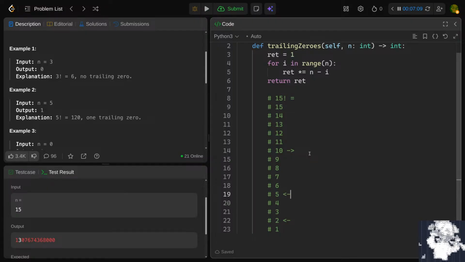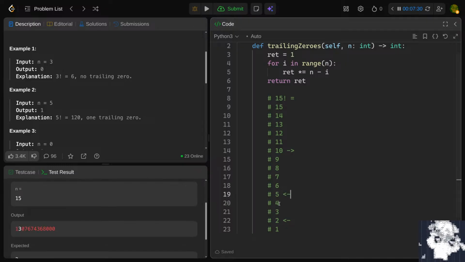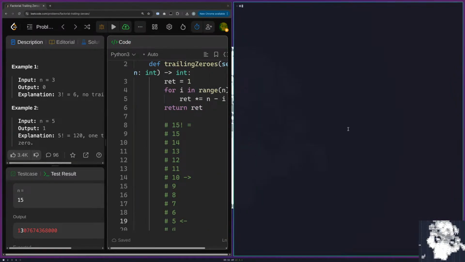What else makes this divisible by 10? Because the rest of this needs to be divisible by 10, right? Let's open up Python.